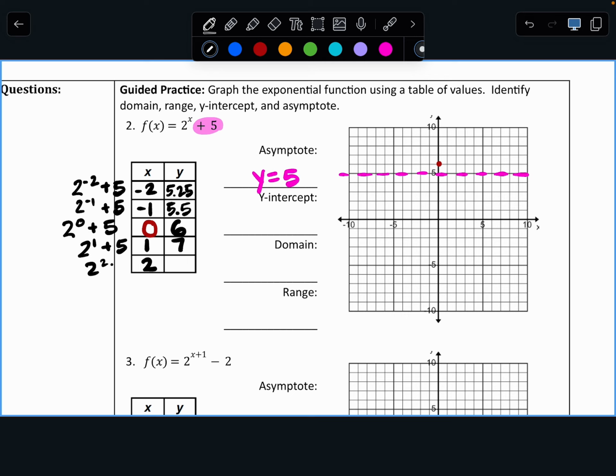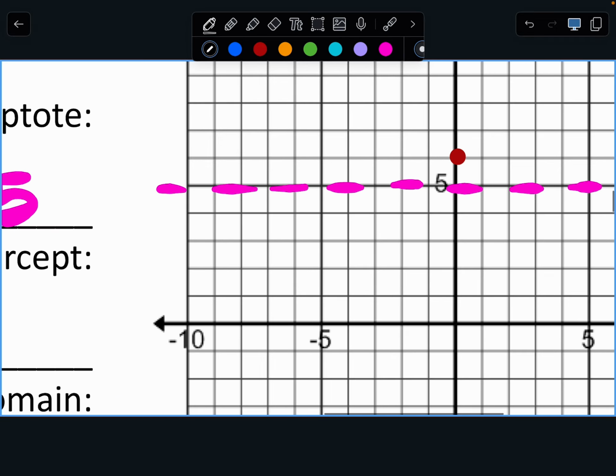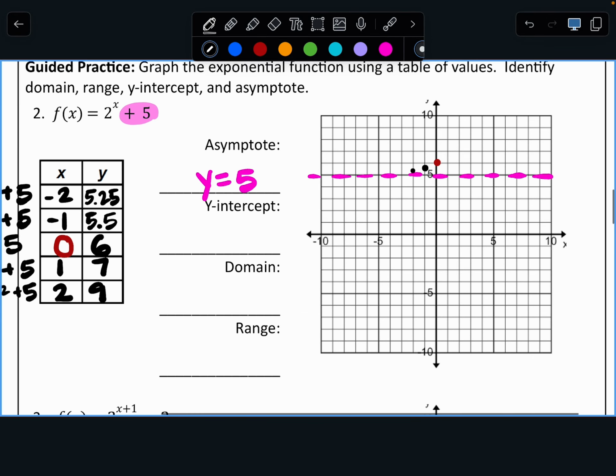And 2 to the power of 2 plus 5 is 9. So here I'm just going to kind of get closer. Just estimating on those decimals because it does get hard here. 0, 6, 1, 7, 2, 9.